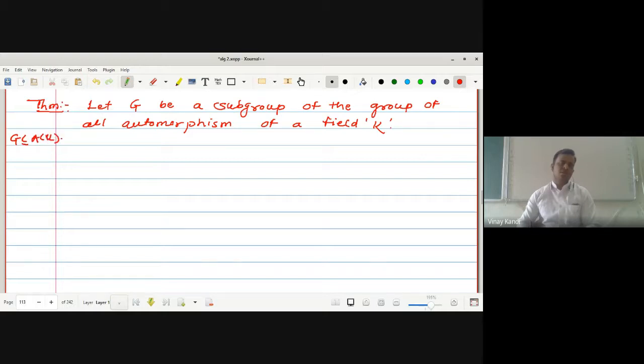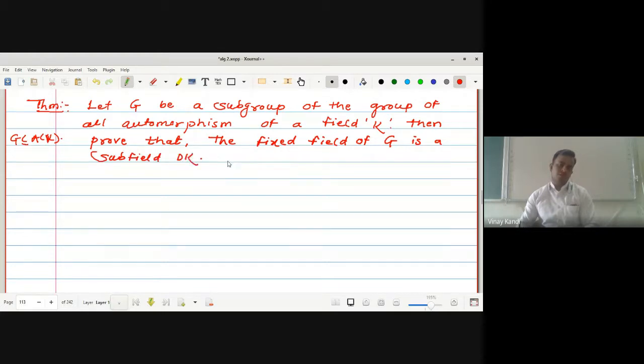Okay, so then prove that the fixed field of capital G is a subfield of K. Okay.